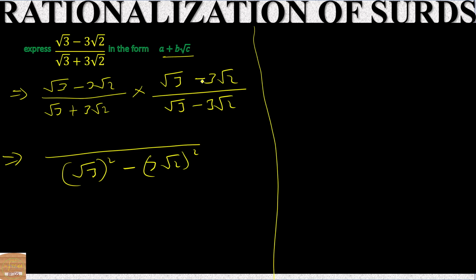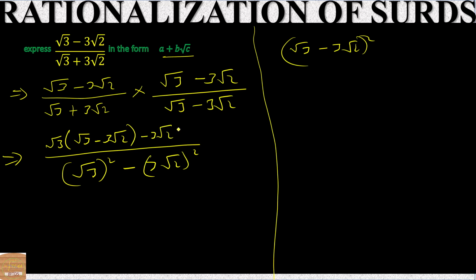So it's the same as root 3 minus root 2 all squared because they are equal. Alright, so let's take them one by one. So I'll use this root 3 to multiply this. So root 3 times root 3 is 3. So okay, let me write them one by one. So we have 3 minus root 2, then minus root 3 root 3, minus root 3 root 2. We'll take the same thing.